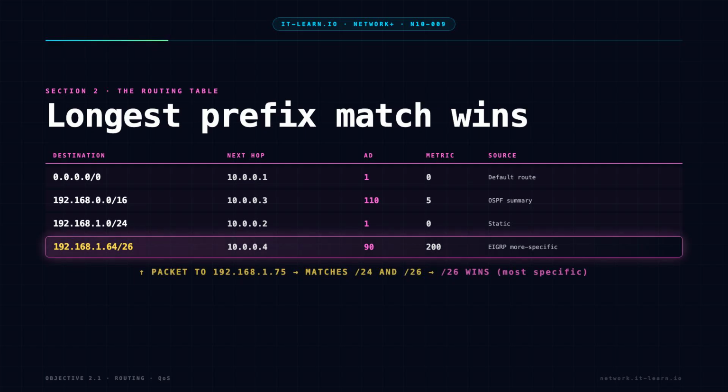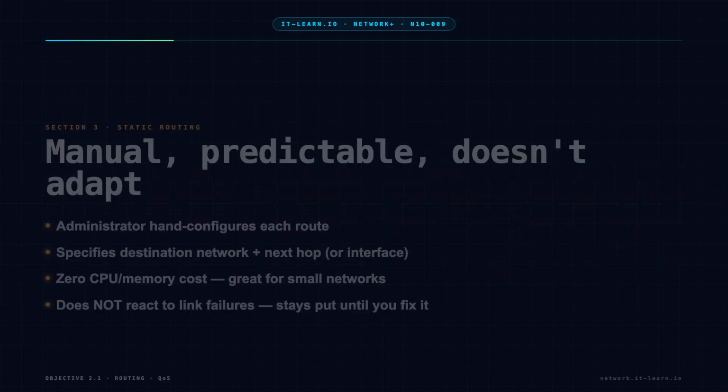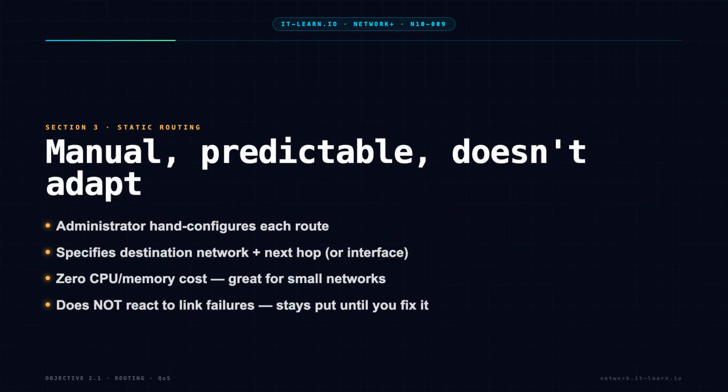However, static routes do not adapt to network changes. If a link goes down, the static route remains in the table and can cause traffic to be dropped unless an administrator intervenes. A special type of static route is the default route, also known as the gateway of last resort. It is written as 0.0.0.0/0 and matches any destination that is not in the routing table.